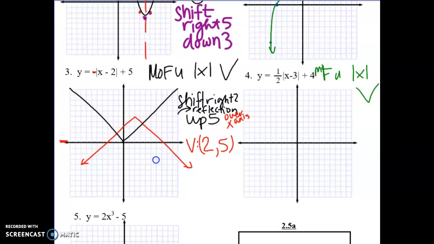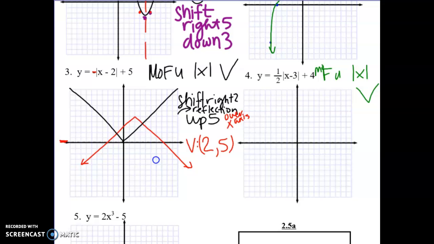It's going to go right 3. Then my slope, kind of my slope-ish, it's not necessarily the slope, but it kind of turns out as the slope. It's going to be up 1 over 2 because that's on the outside. So it's actually a vertical compression of 1/2 and then plus 4.